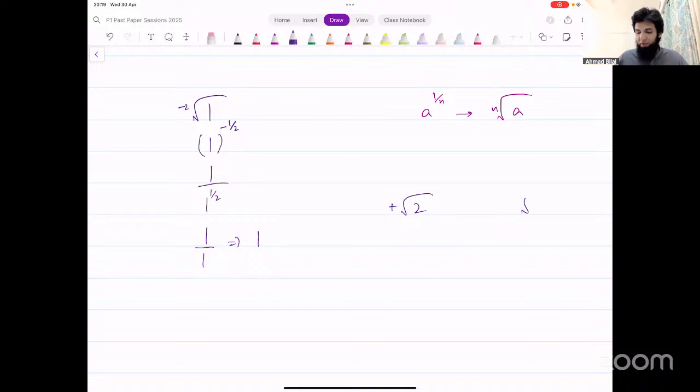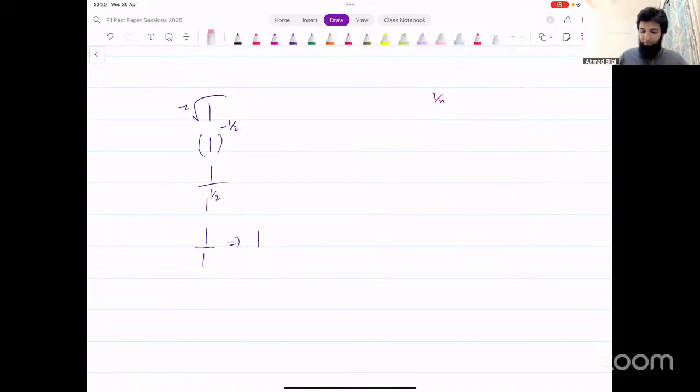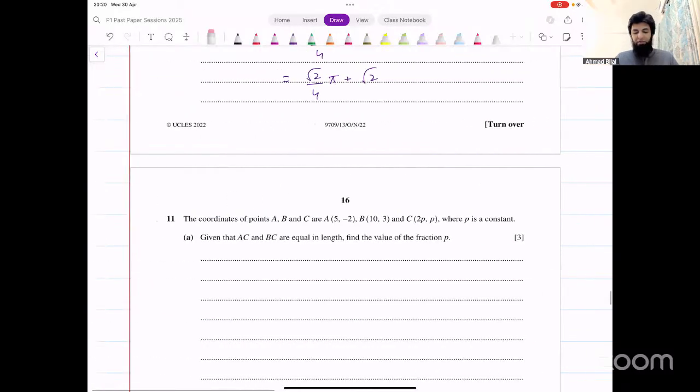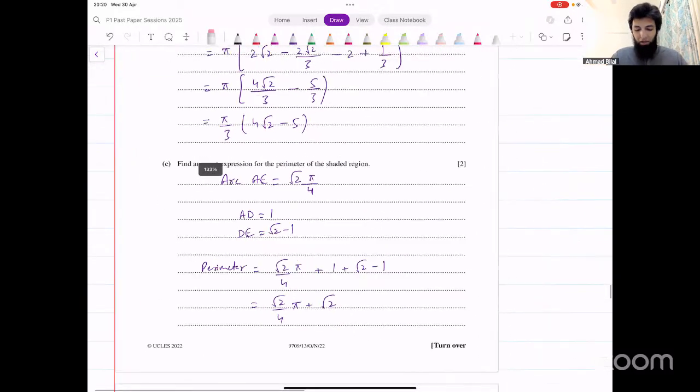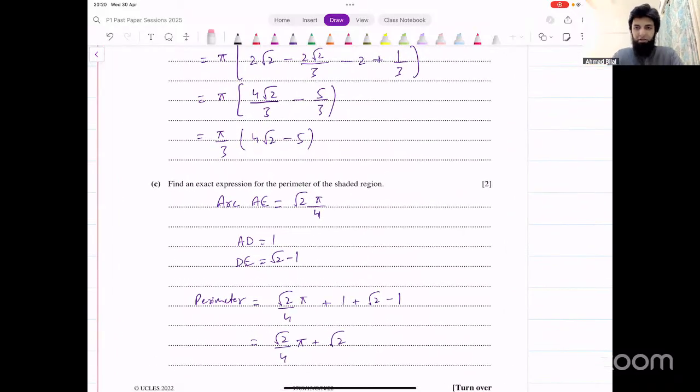If it was minus square root of 2, they would have written minus square root of 2 like this. So if they already have this, that means there's a plus with that, and this is a minus with that. So that's the takeaway. When you take a root yourself, then you have to consider plus minus for even roots. If they already have that there, then you do not consider plus minus.